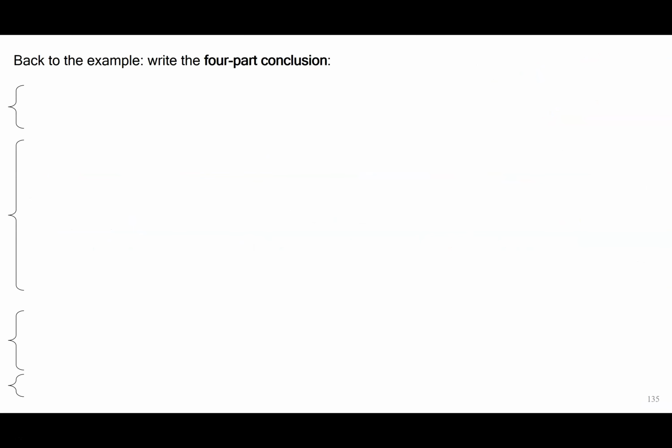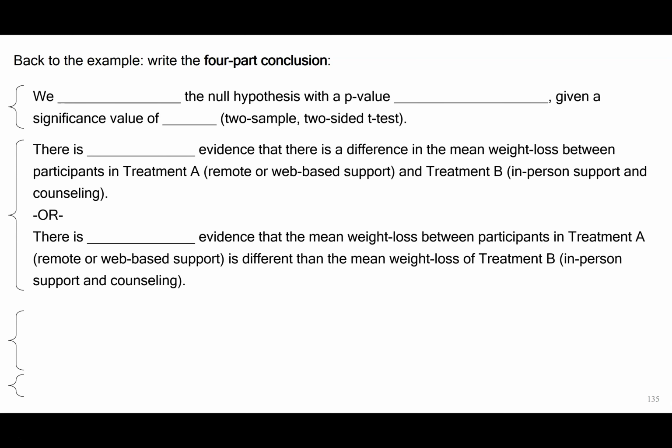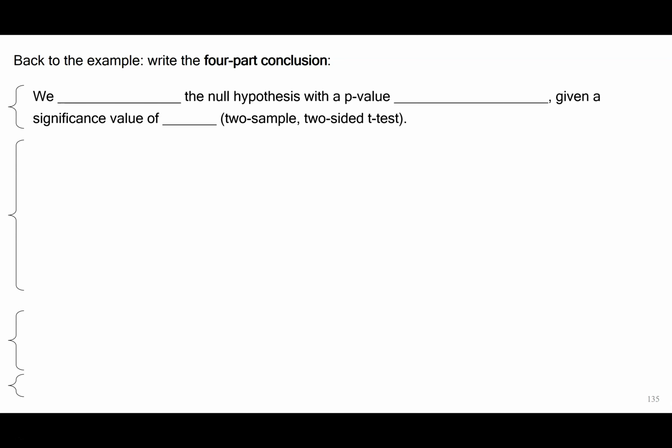So the 4-part conclusion. Remember, this is the 2-part conclusion for the hypothesis test combined with the 2-part conclusion for the confidence interval. So filling in the blank. We blank the null hypothesis with a p-value, with p-value, I'm going to say, just greater than 0.20, right?